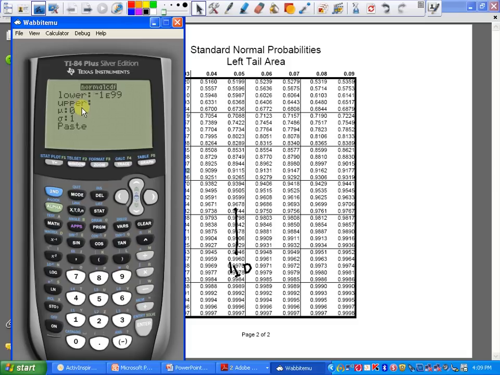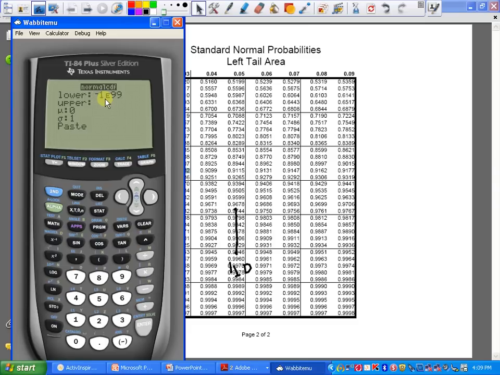Now for our lower limit, we're trying to find less than 120, which was a z-score of 1.33. So we want 1.33 and less. Our lower limit is really negative infinity, because we want everything less than 1.33.